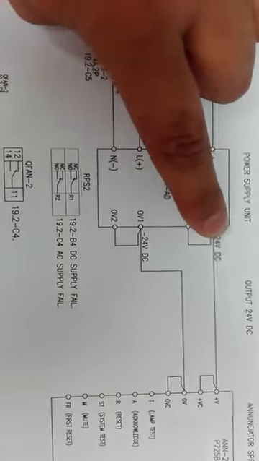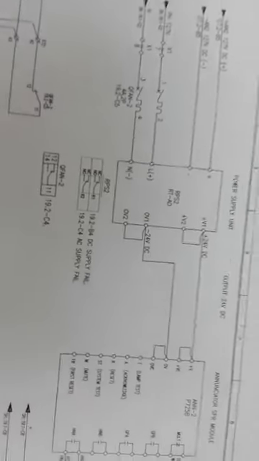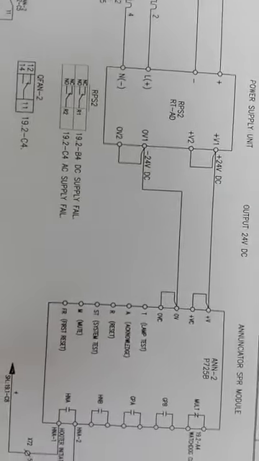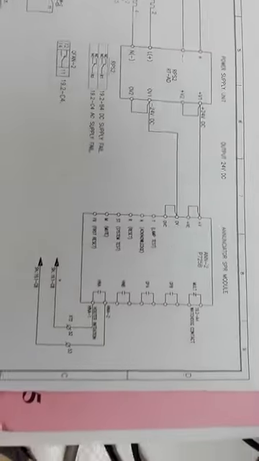If I directly energize it from 127 without rectification, without transforming it to 24 volts DC, it's obvious that my equipment will be damaged. So this is the first thing you have to care about. Before carrying out any experiment, you have to go to its specification. Before performing any test as a testing and commissioning engineer, you have to take care of this. Now you can see it from the drawing.